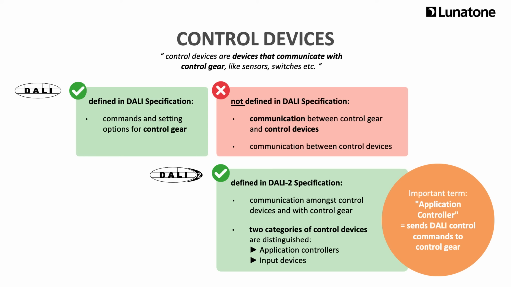Configurable control devices, such as push-button couplers, gateways, and central PLC units, also have an application controller implemented. Within the application controllers, we distinguish further between single master application controllers and multi-master application controllers.